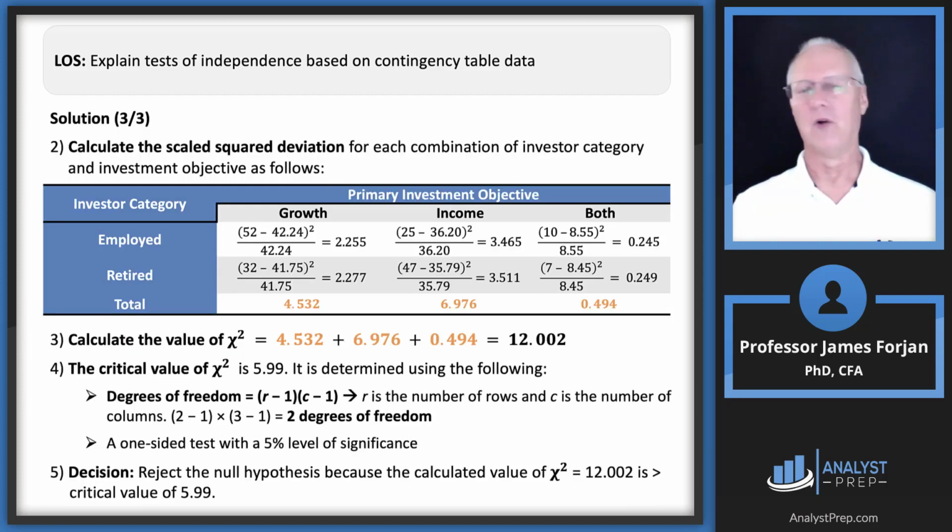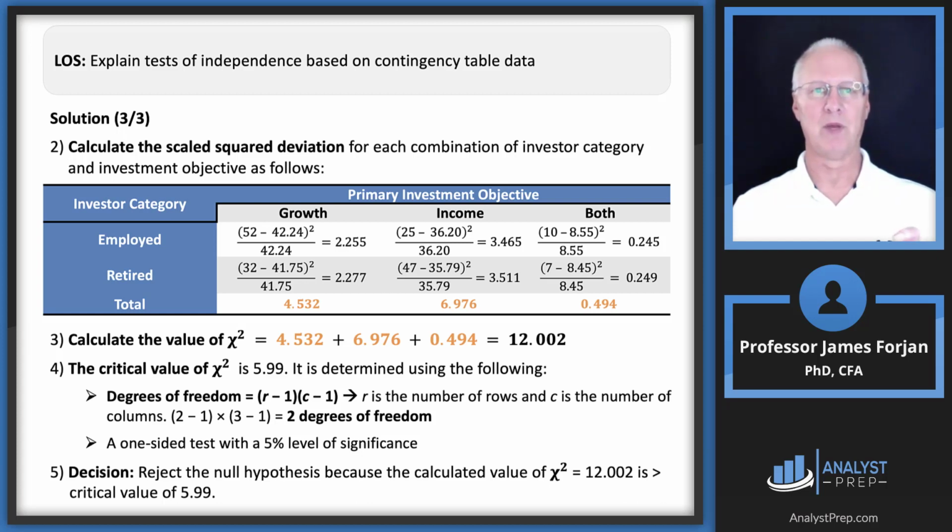So all we're going to do is use that equation from before: 52 minus the 42, square that, divided by the 42, and we get all those mini chi-square numbers, as I think of them. Then we sum the columns, and then we sum the row, and we get 12. Critical value is 5.99.